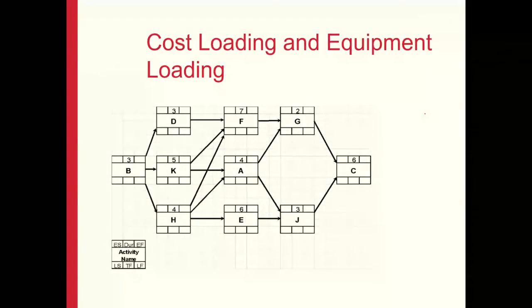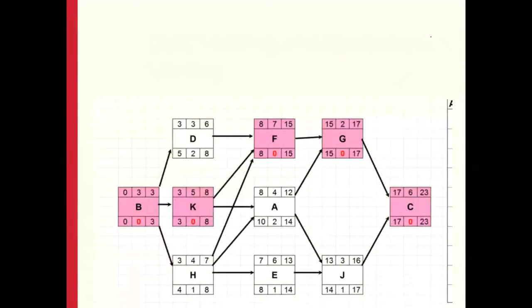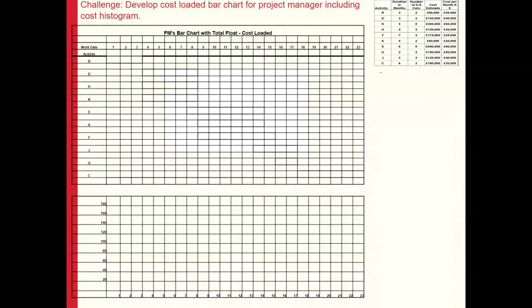Very similar to this problem, the last problem asked students to do a little more practice in a cost loading and equipment loading problem. Here the calculations have been done for you, indicating the critical path which is running through B, F, K, F, G, and C. The first challenge given was to develop a cost-loaded bar chart for the project manager, including the cost histogram.